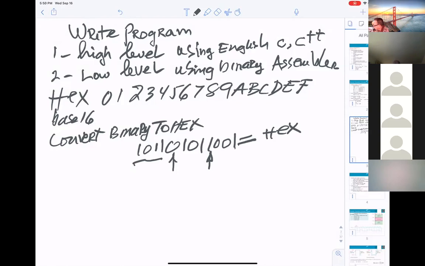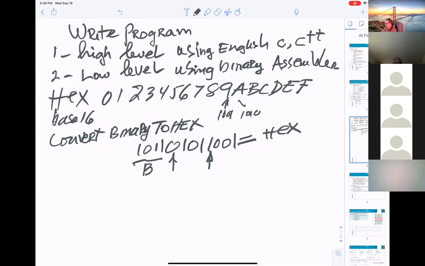Yeah, now, if you see number 9 here, binary is 1, 0, 0, 1. Number A here is 1, 0, 1, 0. And B and C and D. Okay? There is a table. You look into the table, you can get it easily. So now 1011 is equivalent to B.